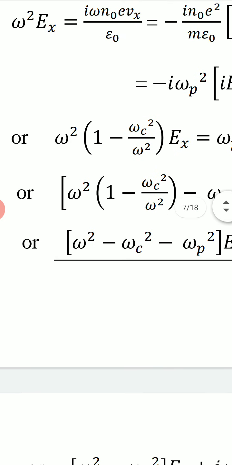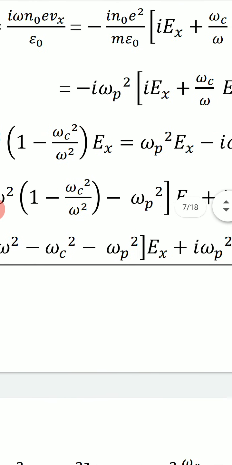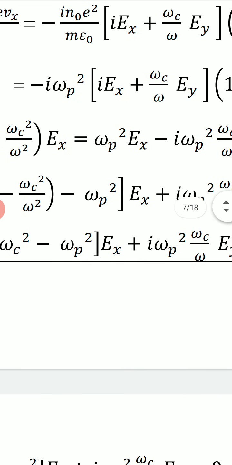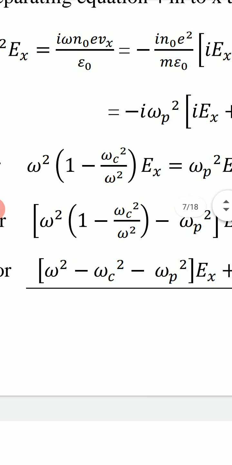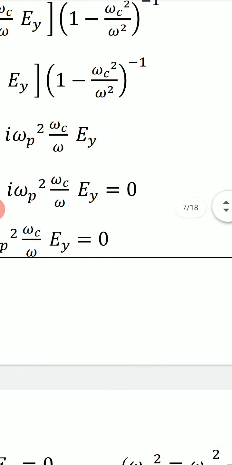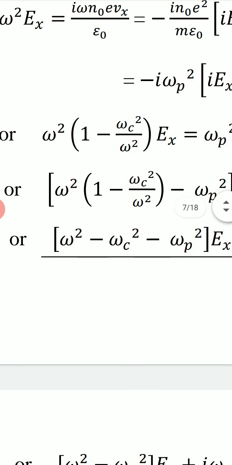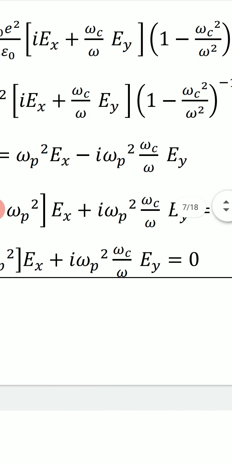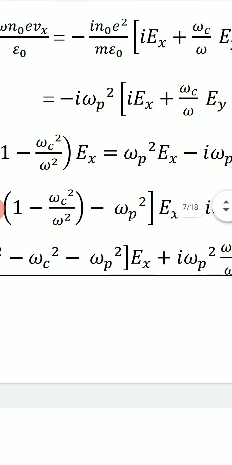So we have omega square, and take this term (1 minus omega c square upon omega square) to the power minus 1 into the left hand side.